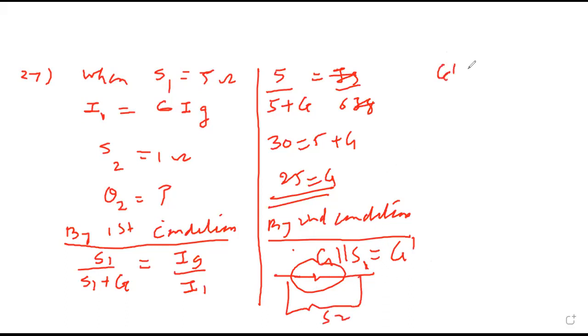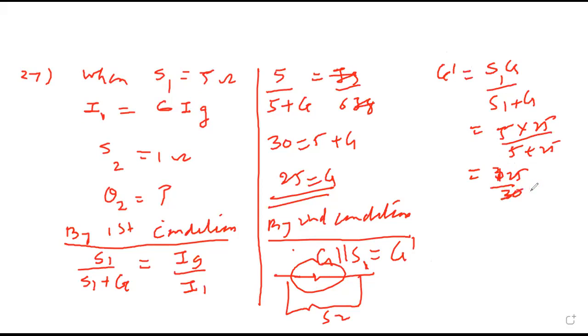So G dash is S1 G upon S1 plus G, product upon sum. So it is 5 into 25 upon 5 plus 25, that is 125 upon 30. 5 into 6, 25. So 25 upon 6 is G dash.